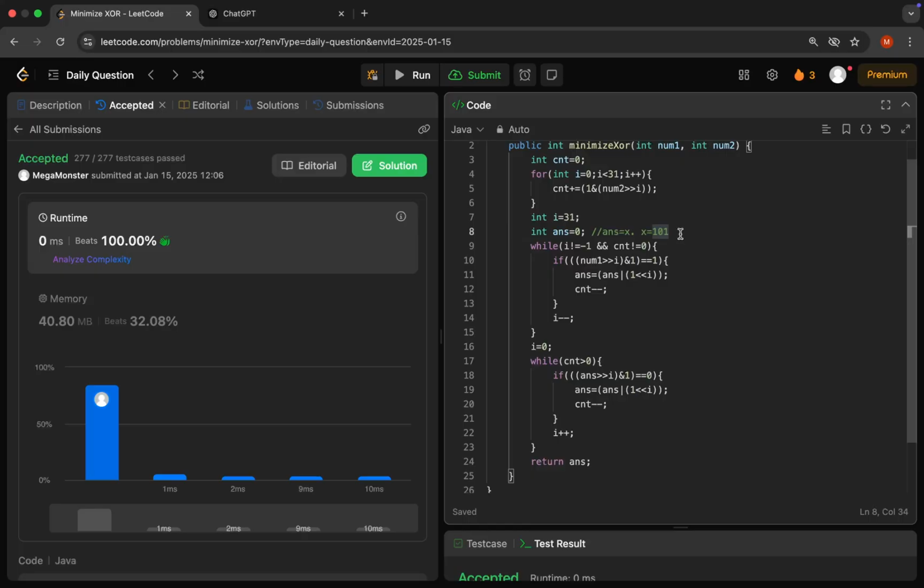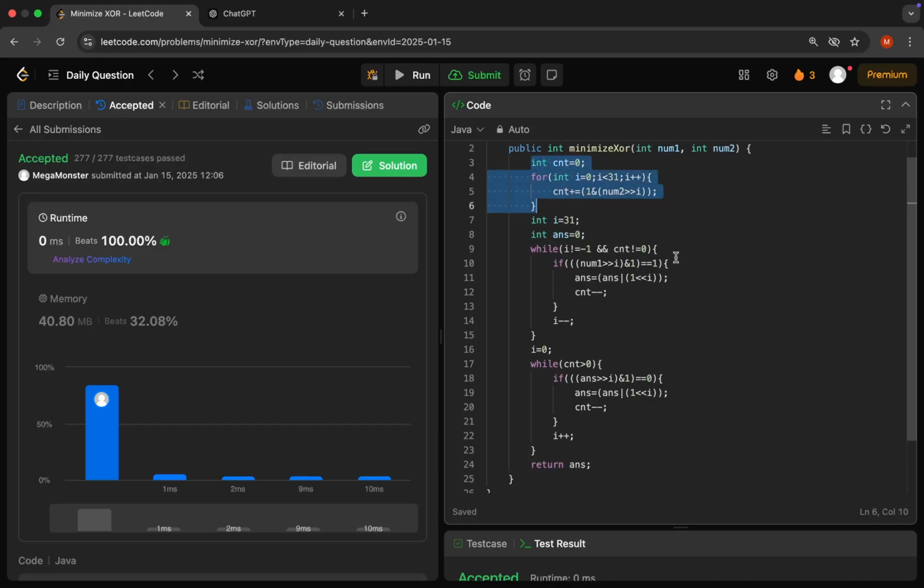It will iterate while cnt is not equal to 0, cnt is count. We can only set those bits if we have the count; we cannot set more bits than the number of set bits available in num2.